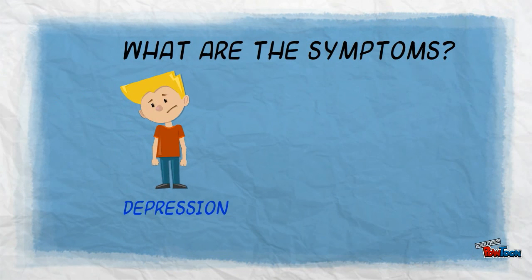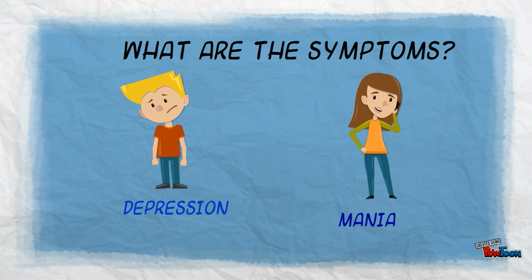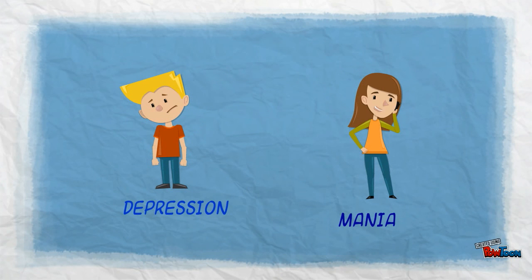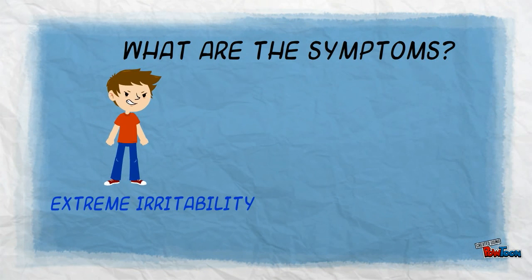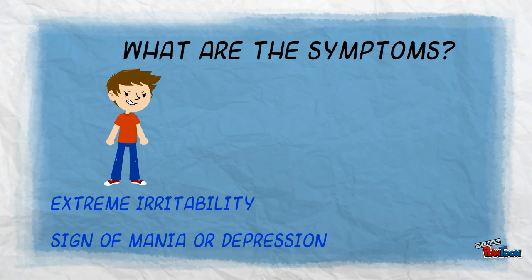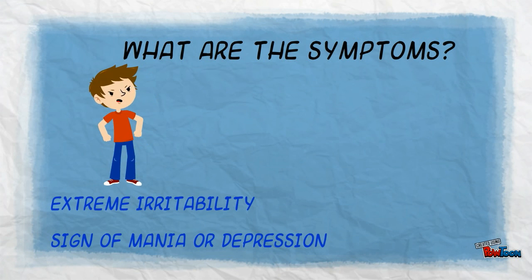Signs of bipolar disorder include a depressive episode marked by a sad, flat or down mood, manic episodes marked by high moods, extreme irritability. In children, this is a typical form of mania, or it could be a sign of a depressive spell in children.